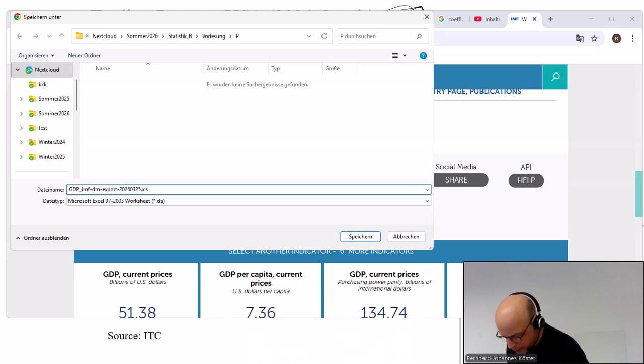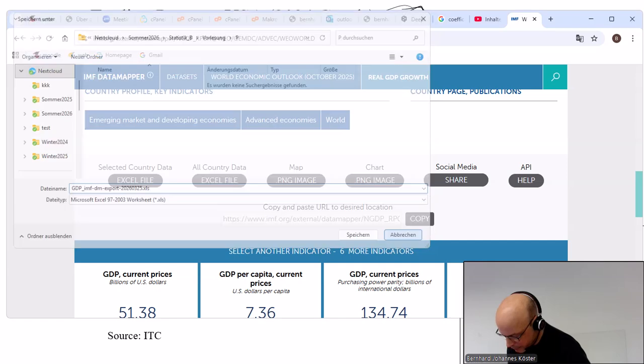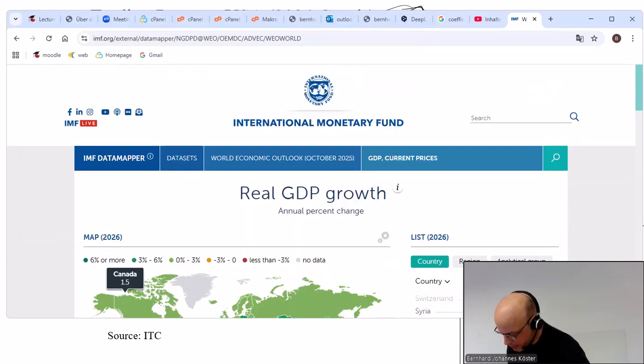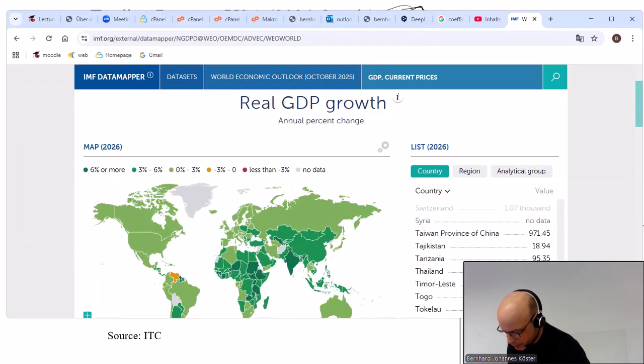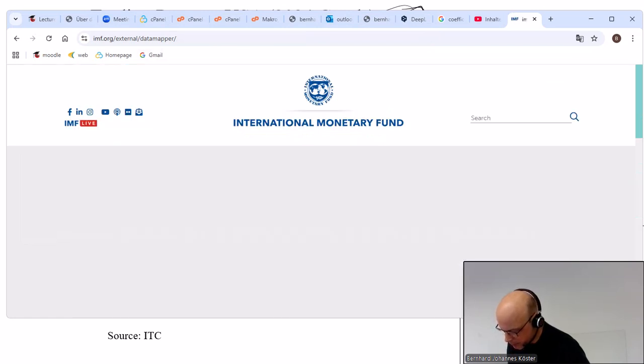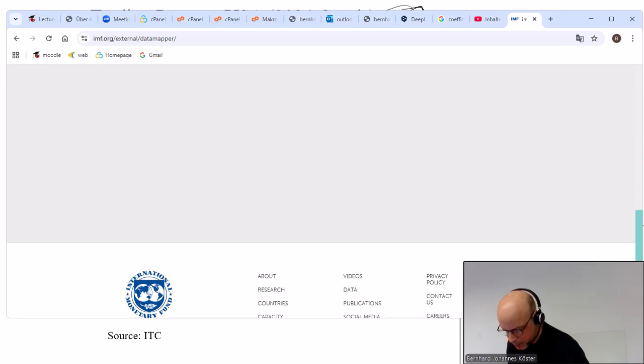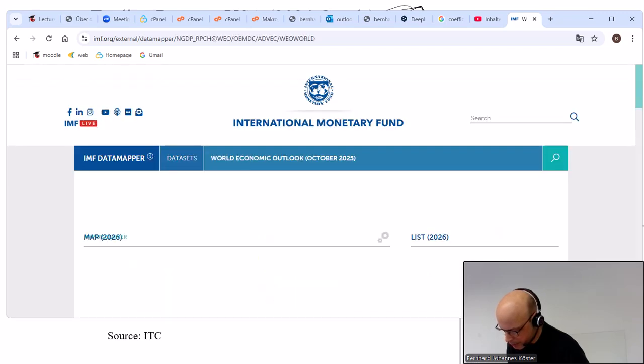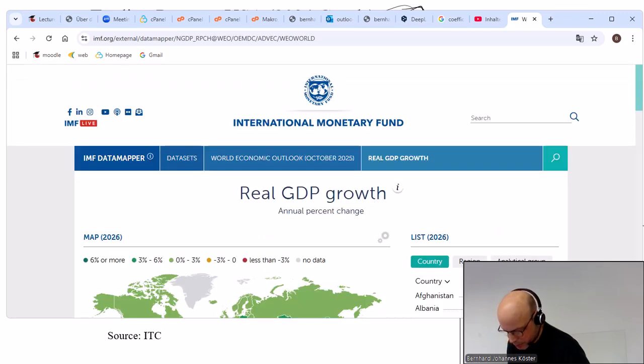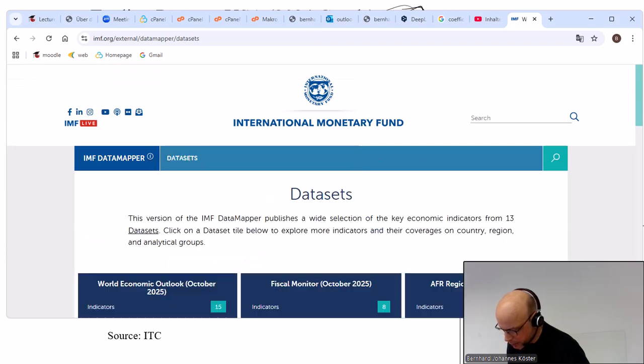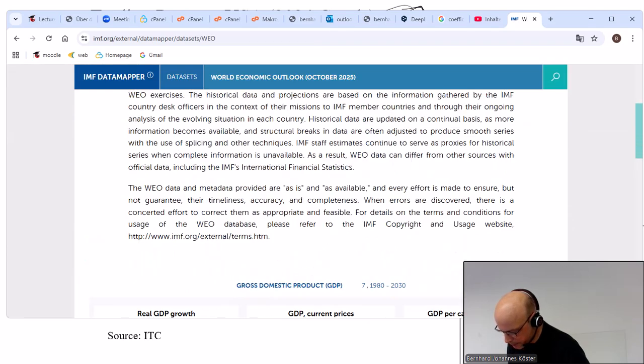Sorry, this is real GDP. For this, we need not the growth, but we need nominal GDP. Oops, I want to change this again.